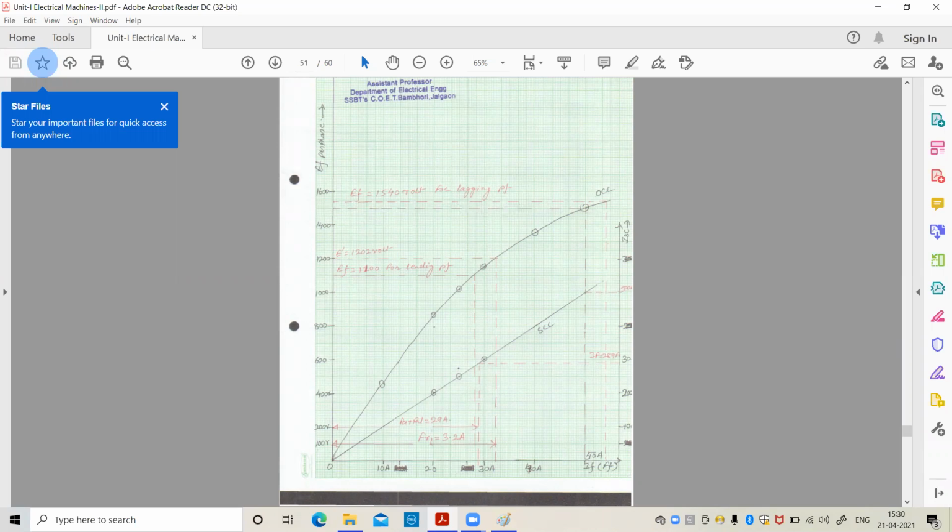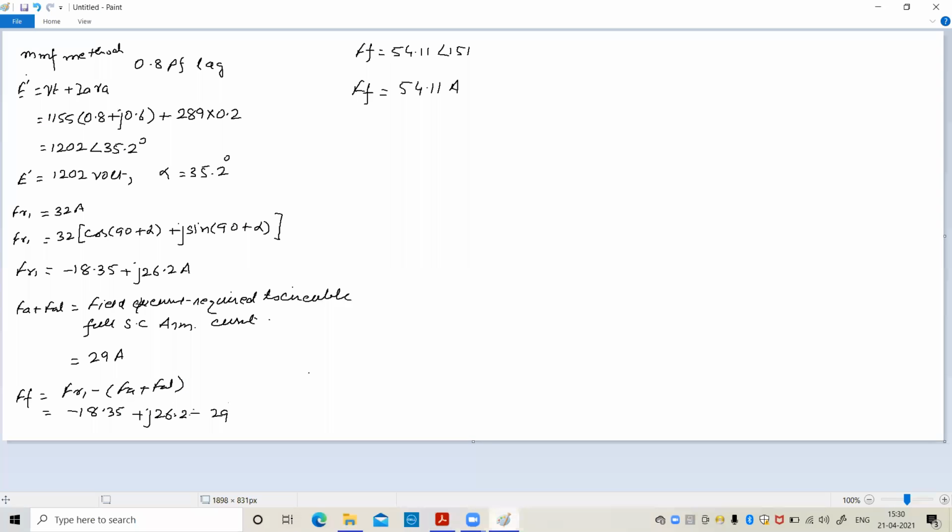Therefore EF is equal to 1540 volt from OCC corresponding to FF is equal to 54 ampere.